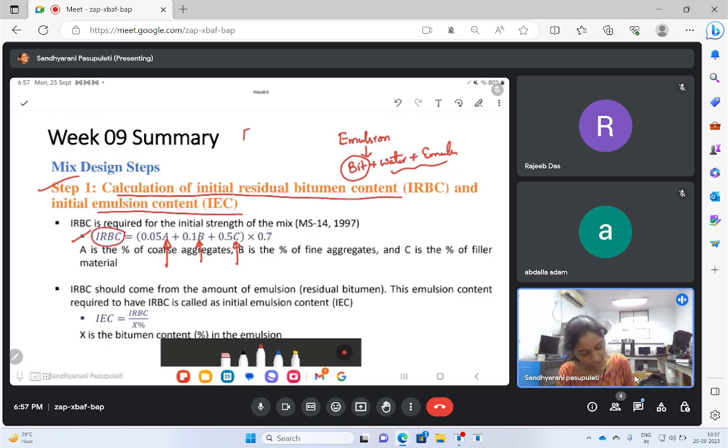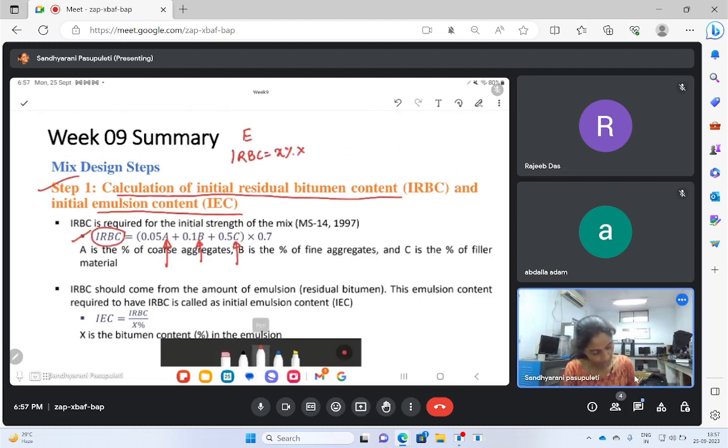So we know that the initial residual bitumen content would be some X percentage of the emulsion. From the empirical formula, now I know the value of the initial residual bitumen content. Once you know this, if we want to calculate the emulsion, we can calculate it, right?